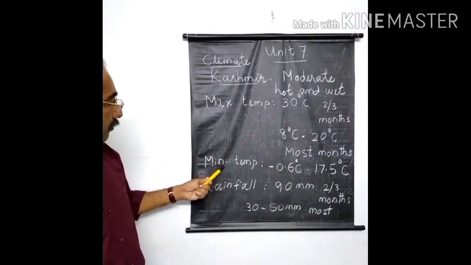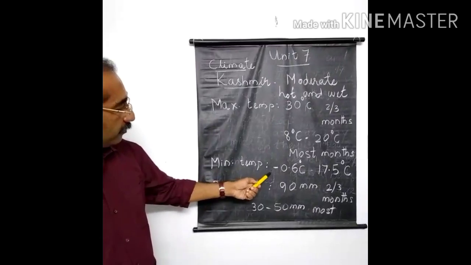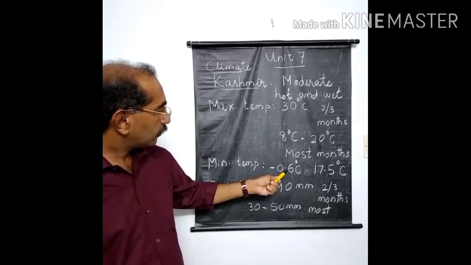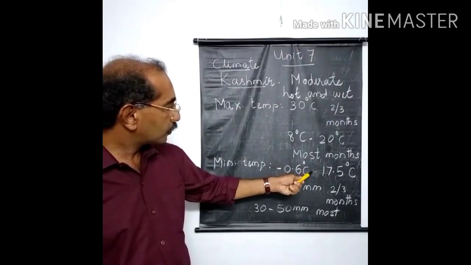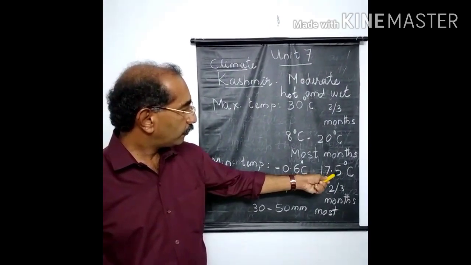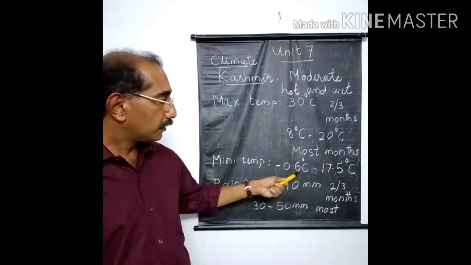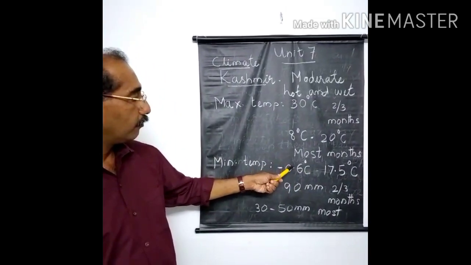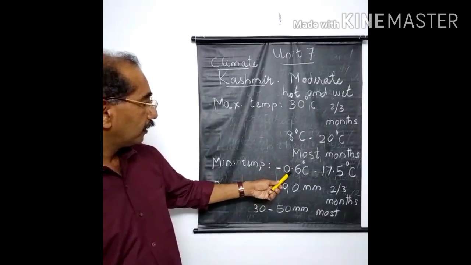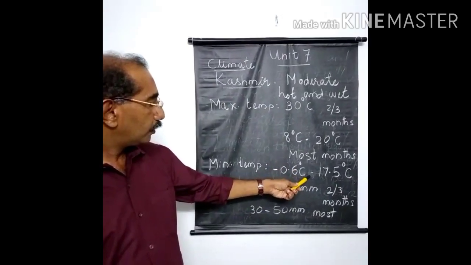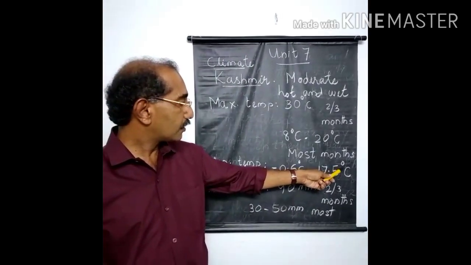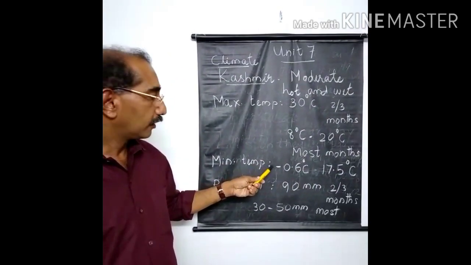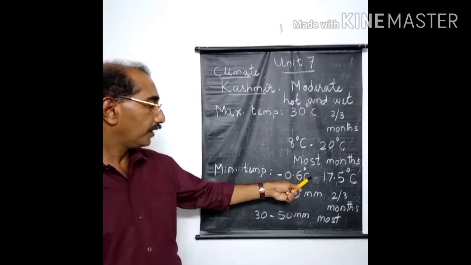And the minimum temperature in most of the months is minus 0.6 degrees Celsius to 17.5 degrees Celsius. It may vary from month to month, but this is the range of the minimum temperatures recorded in various months of the year.